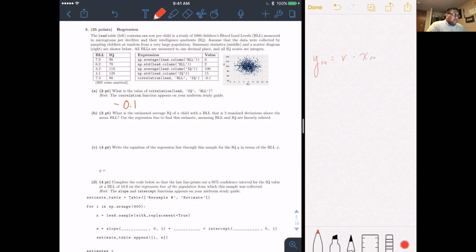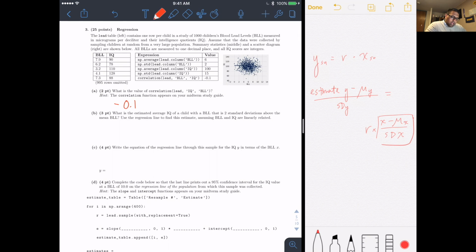An expansion of this formula is the estimate of Y minus the mean of Y, over the standard deviation of Y, is equal to R times X minus the mean of X, over the standard deviation of X. But this entire thing, X minus the mean over the standard deviation, is the same thing as X in standard units, right?